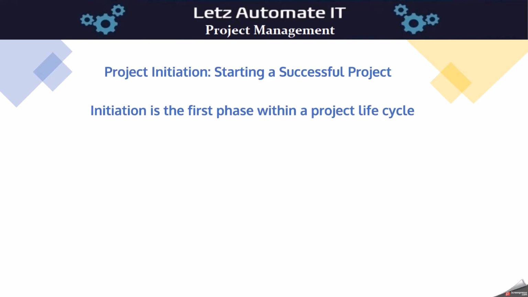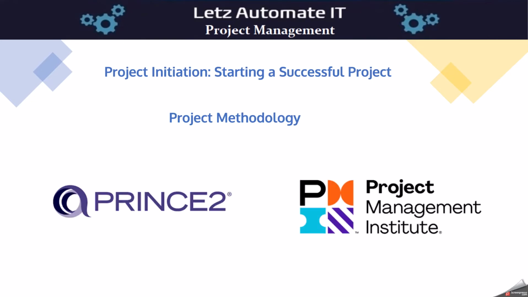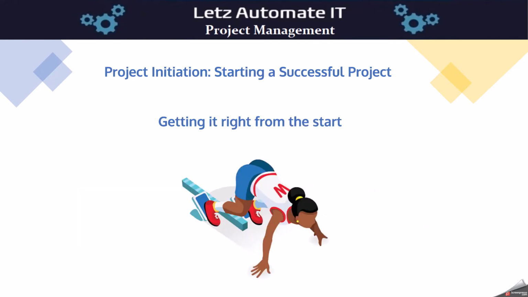And as we saw from the previous slide, initiation is the first phase within the project life cycle, followed by planning, executing, and finally closing. Regardless of your chosen methodology, whether that's Prince2 or PMI's PMBOK, all projects have to start somewhere. So let's talk more about initiation and why it's important for the success of a project.